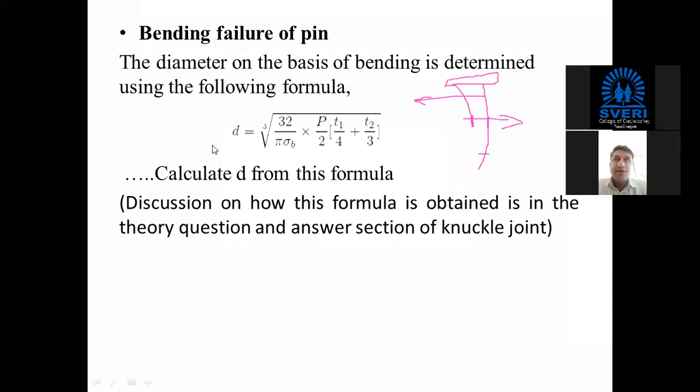From the bending formula, we can say this diameter of the pin is given by cube root of, because here the pin is circular, and the other part was rectangular. So while we are going to calculate the moment of inertia, for the circular part and this rectangular part, the form is different, polar moment of inertia basically.